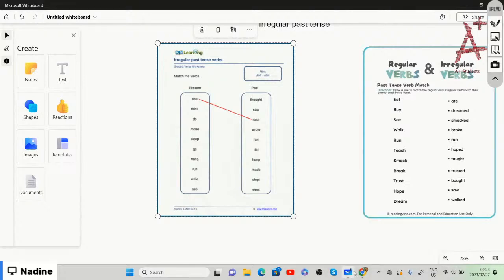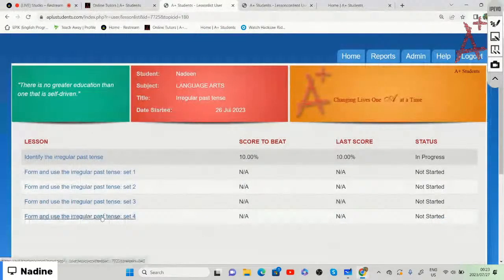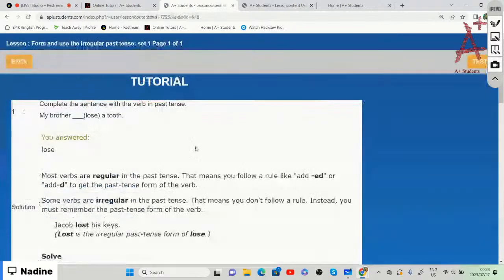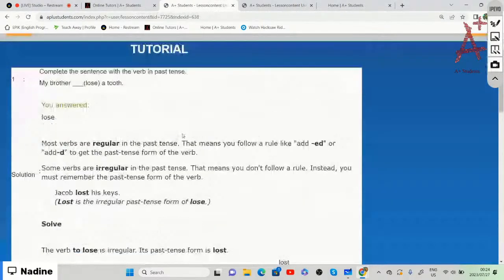All right, so now we're going back to our tutorial, and now we are going to form and use irregular past tense. We're going to the first one. So with forming past tense, remember, if we just recap on regular as well as irregular past tense, most verbs are regular in the past tense, and with regular verbs, there is a specific rule where you either add ed or you add d to get the past tense form of the verb.